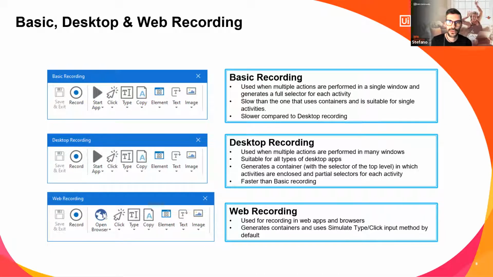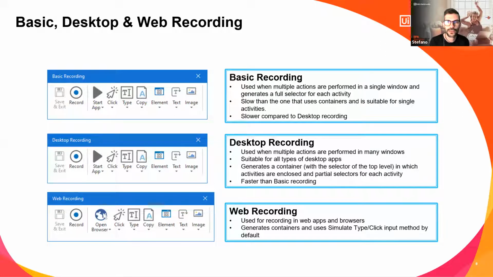The desktop recording is used when multiple actions are performed in many windows inside a desktop application, as the name says. For example, it can be spying the Notepad application, the Calculator, or also a more complex application like SAP or Oracle.